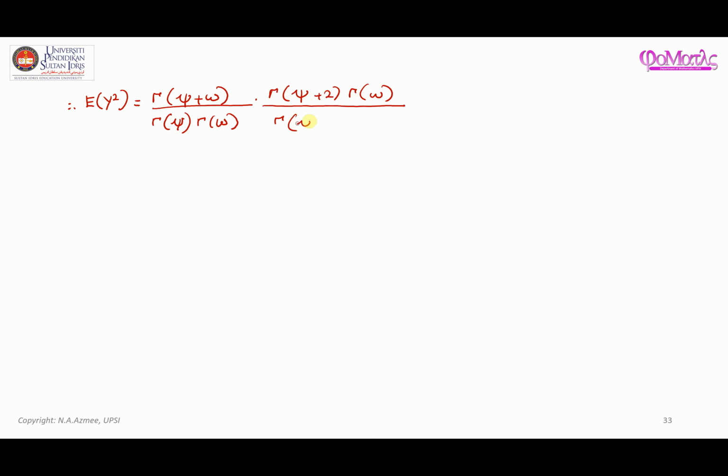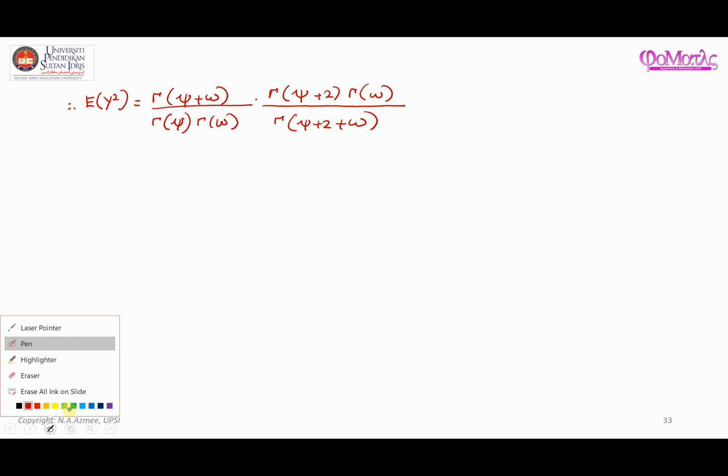Therefore, the expected value of y squared is, I'm writing down the result again, gamma of psi plus 2, gamma omega, and at the bottom we have gamma of psi plus 2 plus omega.